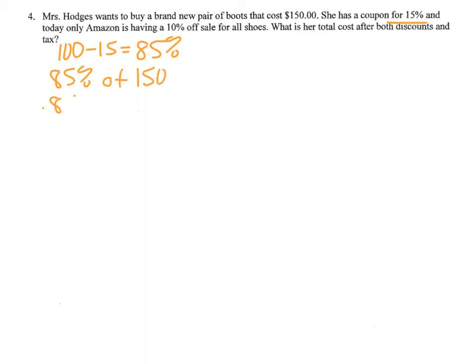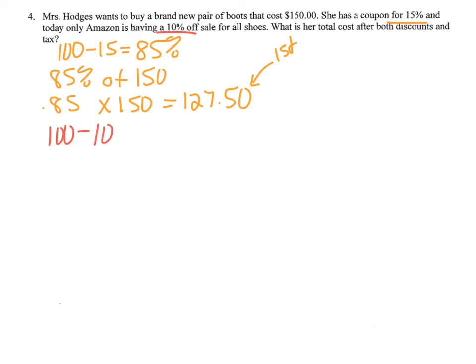So we need to know what 85% of $150 is. So 0.85 times 150, and we get $127.50. Okay? So this is the price after the first discount. All right, so now it says Amazon is having a 10% off sale for all shoes. So again, if we start with 100% of the price minus 10%, that means now she's only going to have to pay 90% of that price.